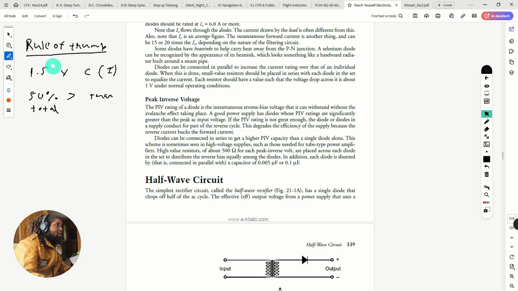So if this is 1, you can't see that. Let's go here. There we go. If that's 1, then let's put 2 here. And that was paralleling diodes.